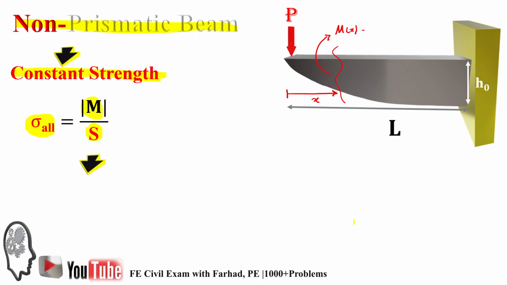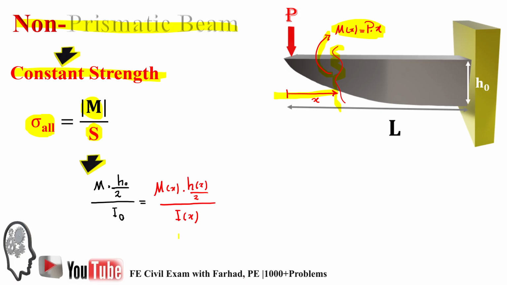If we cut the beam at a distance x and calculate the moment there, that's Mx, which is P times x. Then sigma for that cross section is Mx times hx over 2, over Ix.